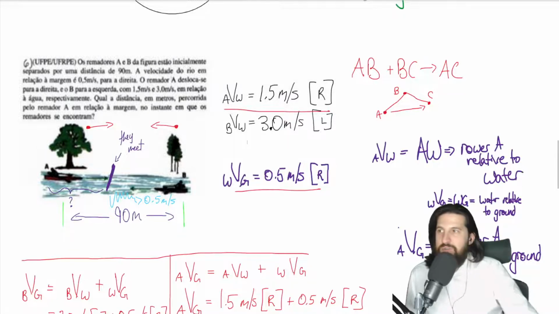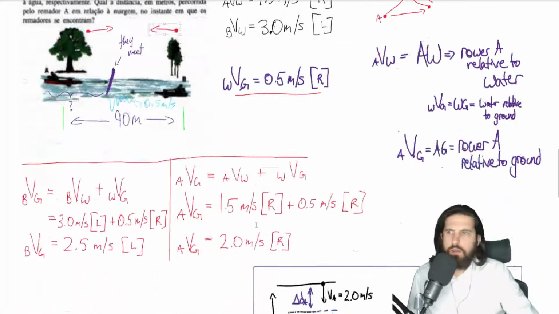And then because B was in the opposite direction, what do we have to do with the 0.5 to B's velocity? Should B get faster or slower if it's moving to the left? Which way is the water moving?